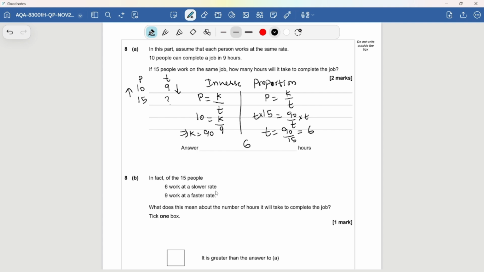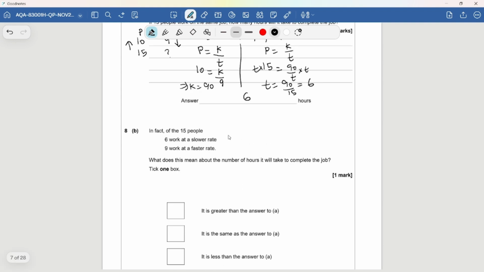But we don't have any specific value for by how much they have slowed down or by how much they are doing it faster. So using this information, I cannot do any mathematical calculation to say if the 15 people will take more than 9 hours, less than 9 hours or equal to 9 hours.